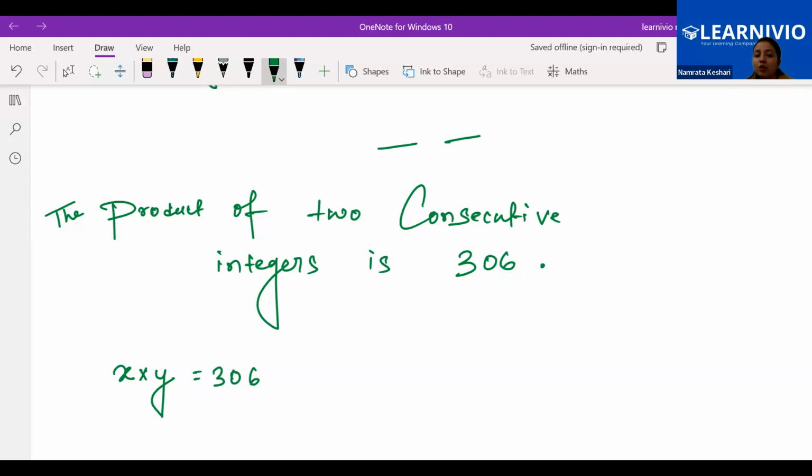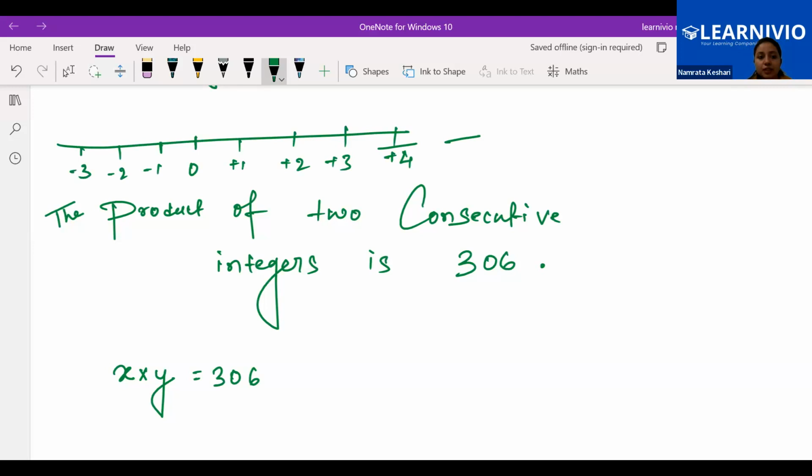If you see the pattern of the integers, let me draw the integer line. 0, plus 1, plus 2, plus 3, plus 4, like that, and on that side -1, -2, -3, -4. So next, like the product of two positive integers, it was right?